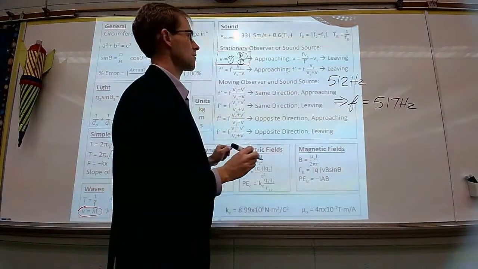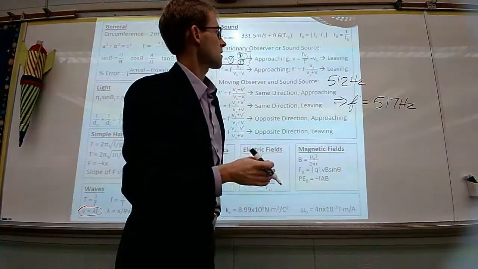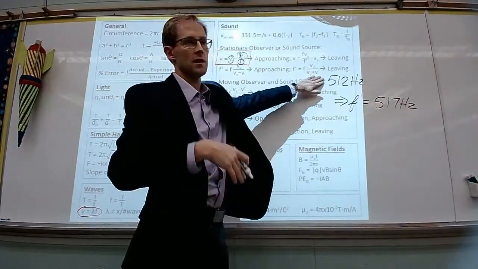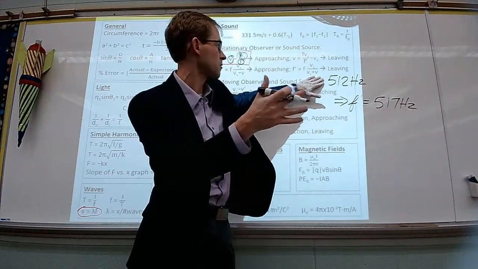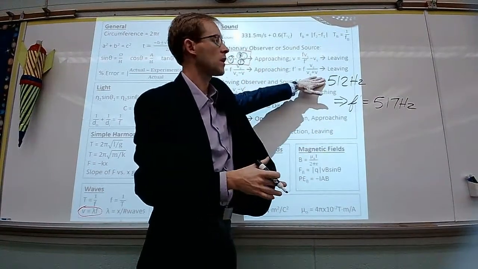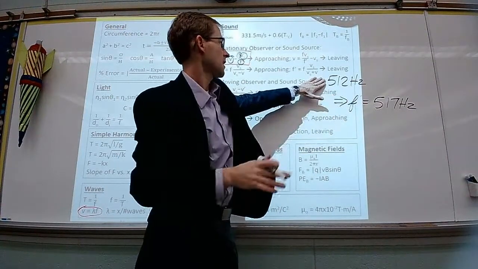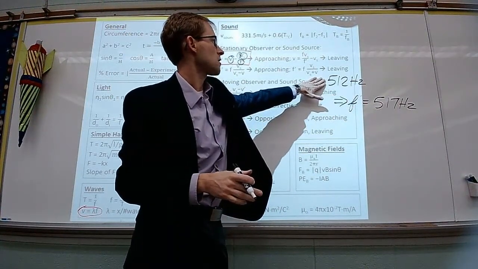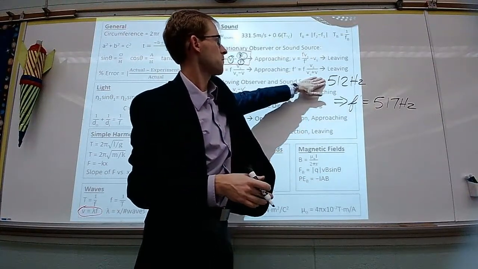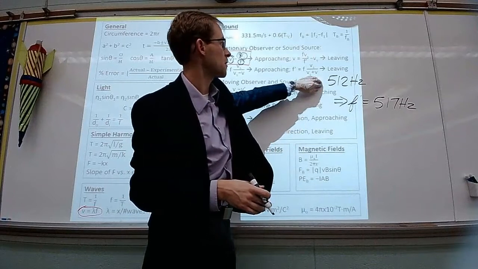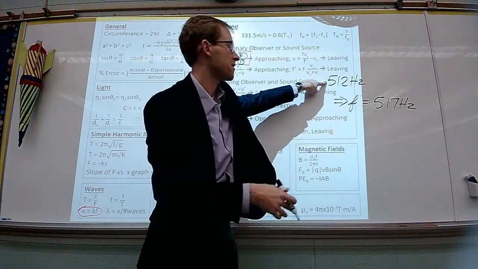Let's go through that reasoning one more time. We know that 512 hertz is the frequency of the note that's being produced. If both Leo and Splinter were holding still, this is what you would hear from both of their bugles. But Leo's going towards Donnie. And Donnie hears 5 beats per second. That's the beat frequency. So that means the frequency that Donnie actually hears is going to be 5 plus this, or this minus 5.